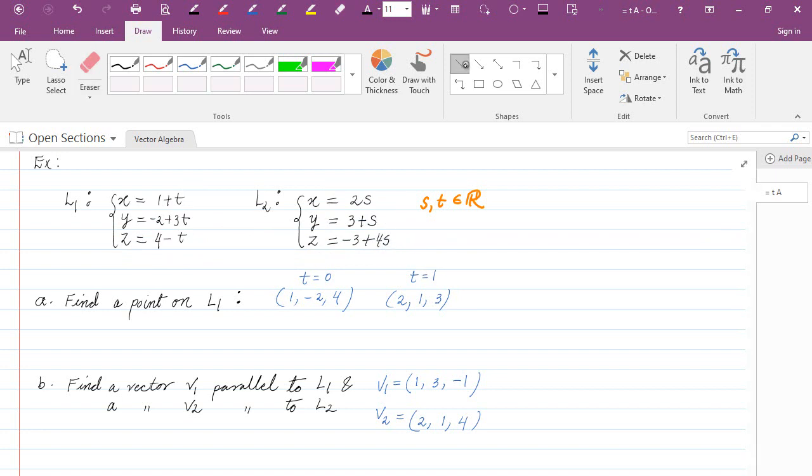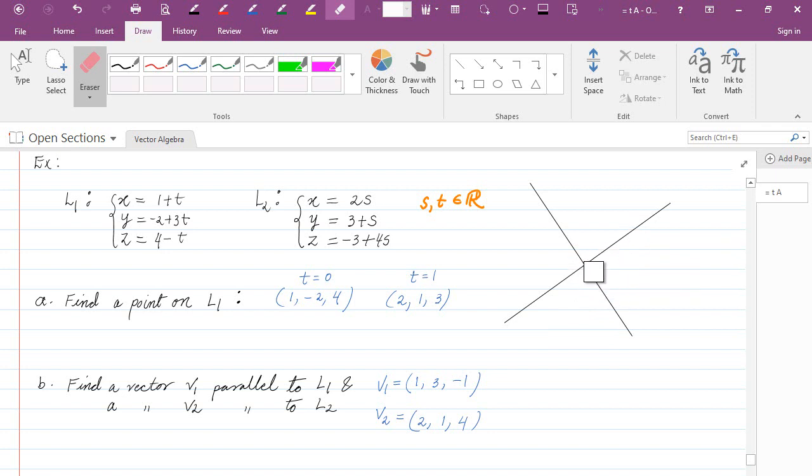Now imagine that the paths of the two bugs, so they are moving on straight lines, and if their paths intersect, then notice that it's not necessary that the two bugs come to the intersection at the same time.